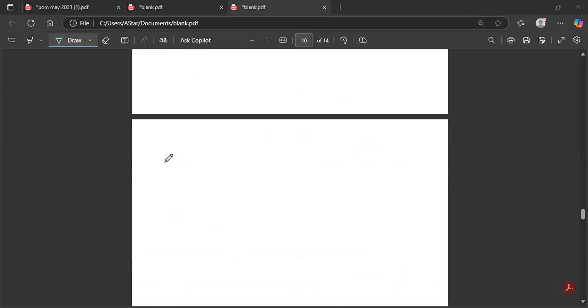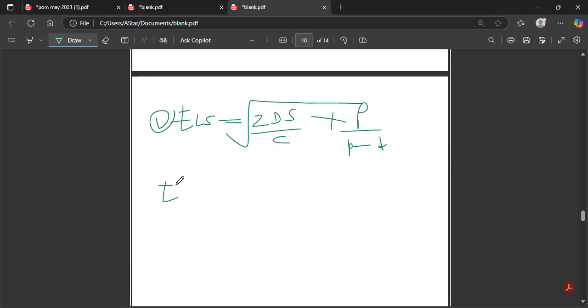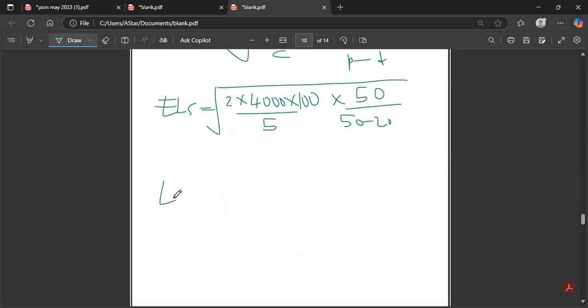Okay, so our economic load size is the square root of 2DS over C multiplied by P over P minus D. So our economic load size will be equal to the square root of 2 times 4,000 times 100 divided by 5, multiplied by 50 divided by 50 minus 20, which is 2 times 4,000 times 100 divided by 5 times 50 divided by 30.